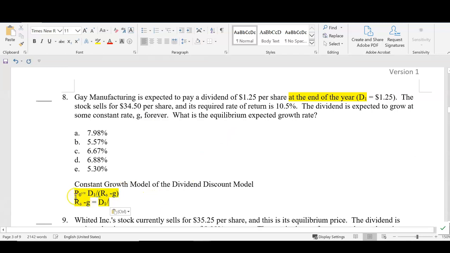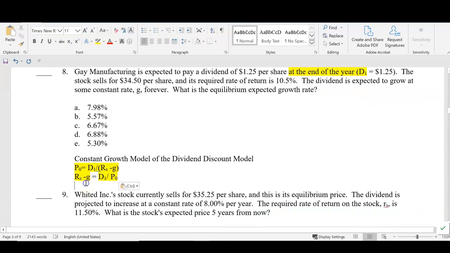If you multiply by RS minus G on both sides of the equation, and then divide by P0 on both sides of the equation, you would know that RS minus G equals D1 over P0.